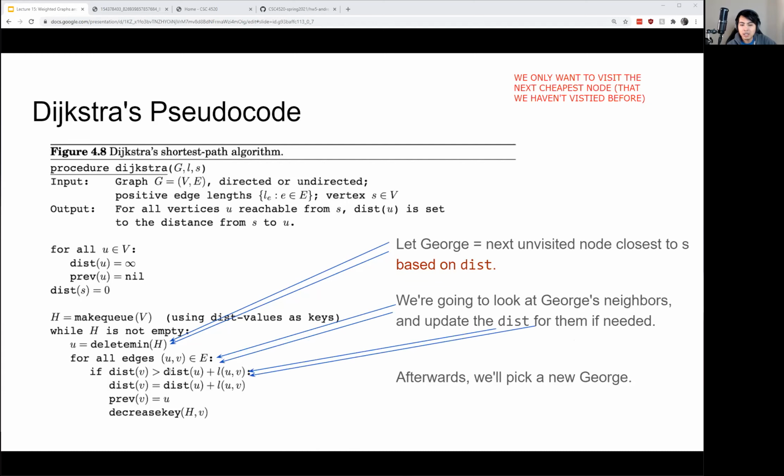If the cost to go to node V, which is the neighbor here, is cheaper through George than the previous cost to get to V, then we want to update distance, we want to update prev, and we want to decrease the key. Afterwards, since this is a while loop, we'll pick a new George.